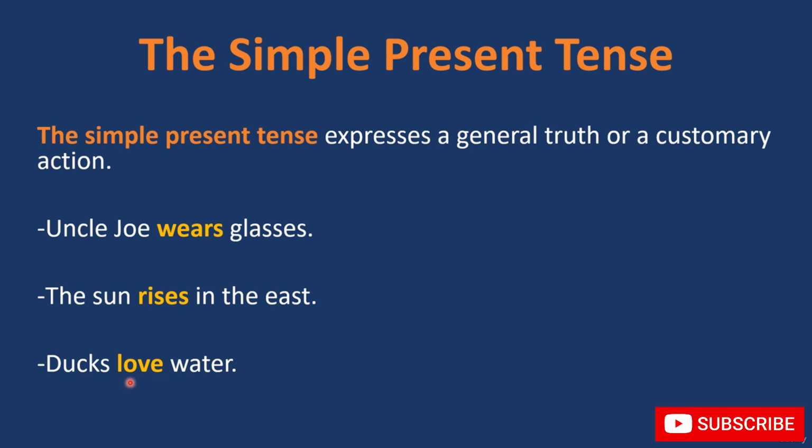But if I say the duck loves, so after he or she or it or a singular noun, I add s. My son loves, but my sons love. I play, we play, you play, they play, but he plays, she plays, it plays. After he or she or it, I add s after the verb.